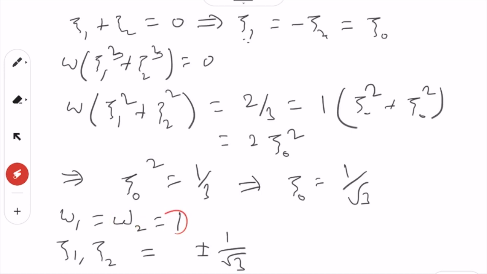If you want to integrate a cubic function, you can just integrate by saying W1 times f(ξ1) plus W2 times f(ξ2), where W1 is equal to 1, W2 equal to 1, and ξ1, ξ2 are plus minus 1 over root 3, and it is going to solve the problem. Okay, so that is all for today.